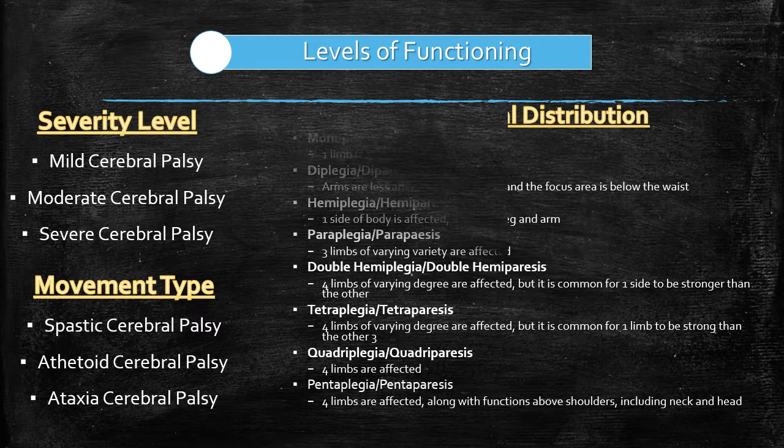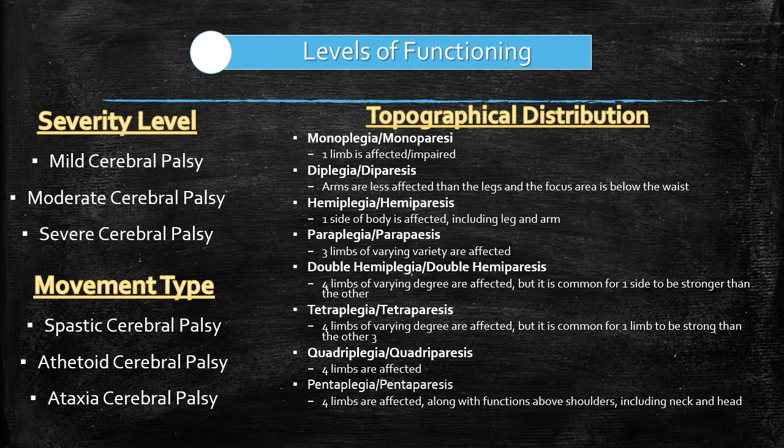Lastly, a more in-depth classification system of cerebral palsy is based on topographical distribution. In other words, it is a concept devised to describe areas of the body that are affected by the impairment. Under this classification, plegia or plegic means paralyzed, while paresis means weakened.